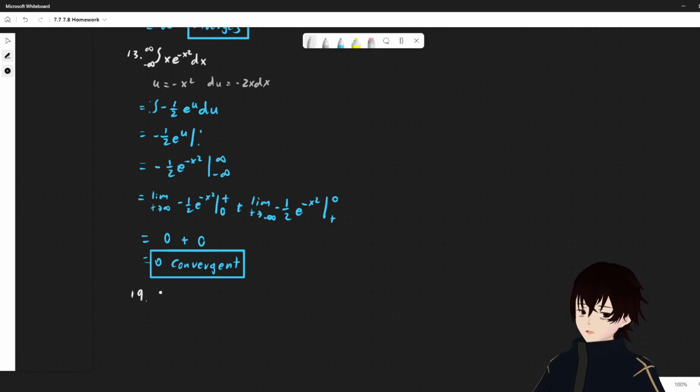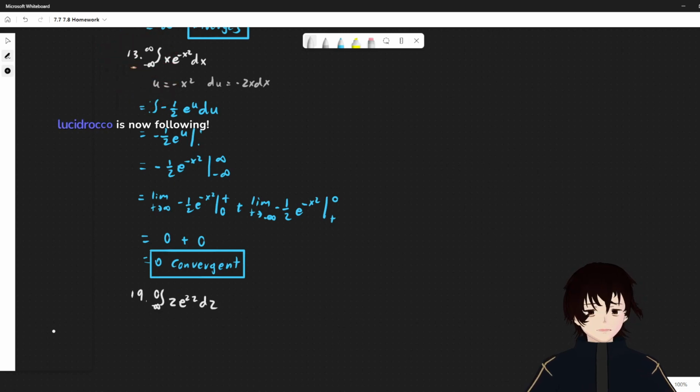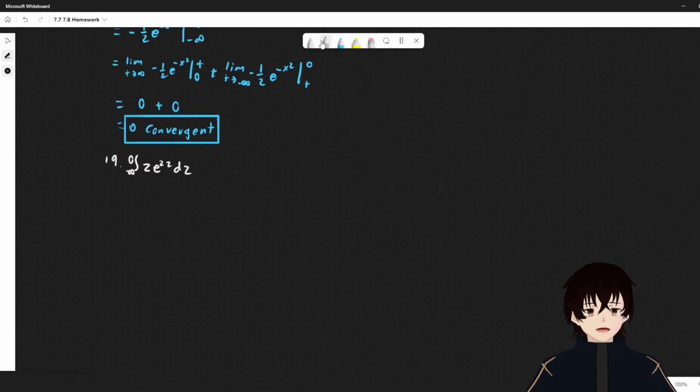Number 19 wants to know the integral from negative infinity to 0 of z times e to the power of 2z dz. Alright, integration by parts.